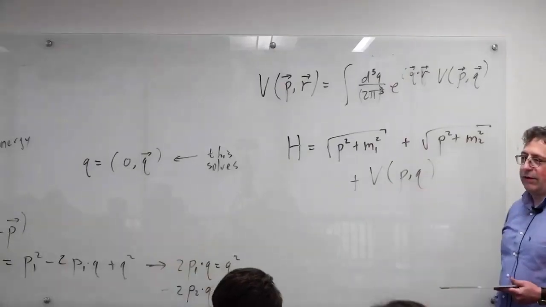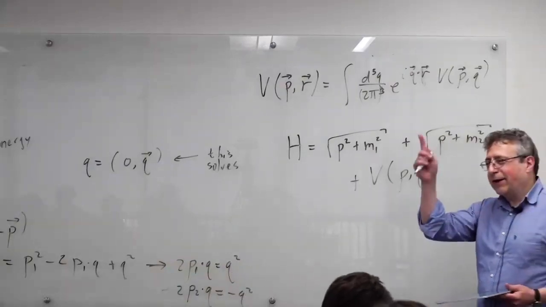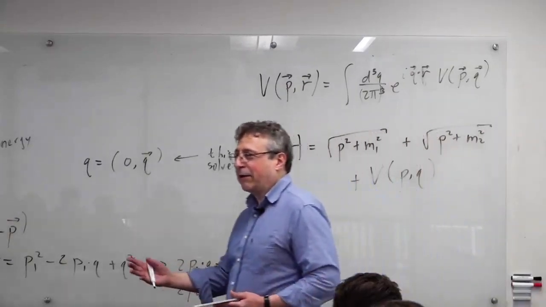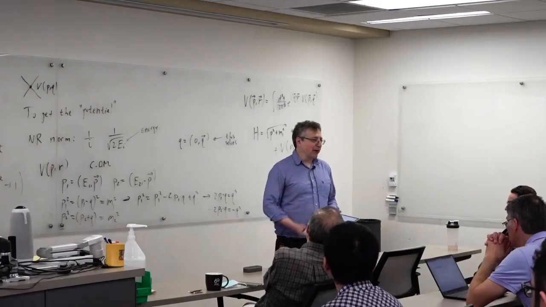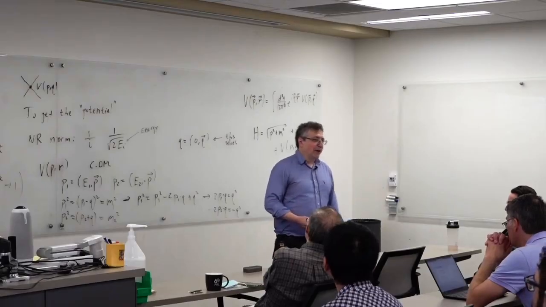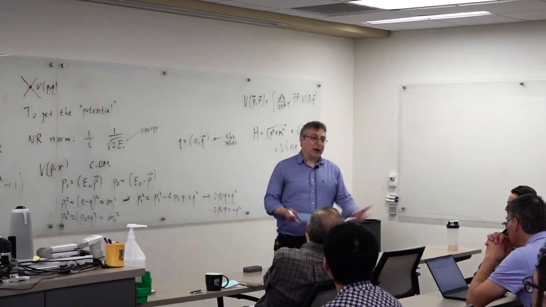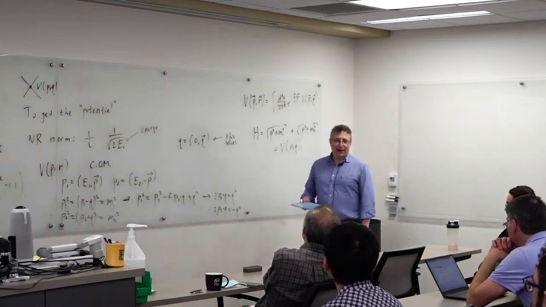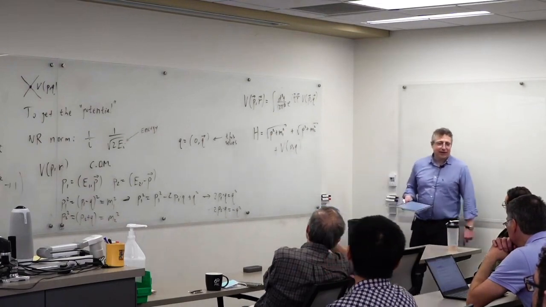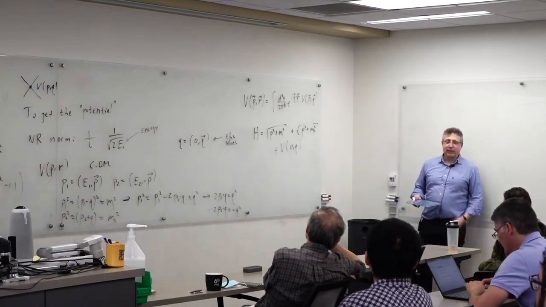Is this potential unique? Do you remember something in Hamiltonian mechanics? Canonical transformations? What happens if I make a canonical transformation to that Hamiltonian? Will my potential be invariant? No, it's going to change. That's actually the same ambiguity. That's not an obvious statement, but nevertheless, it's a true statement.